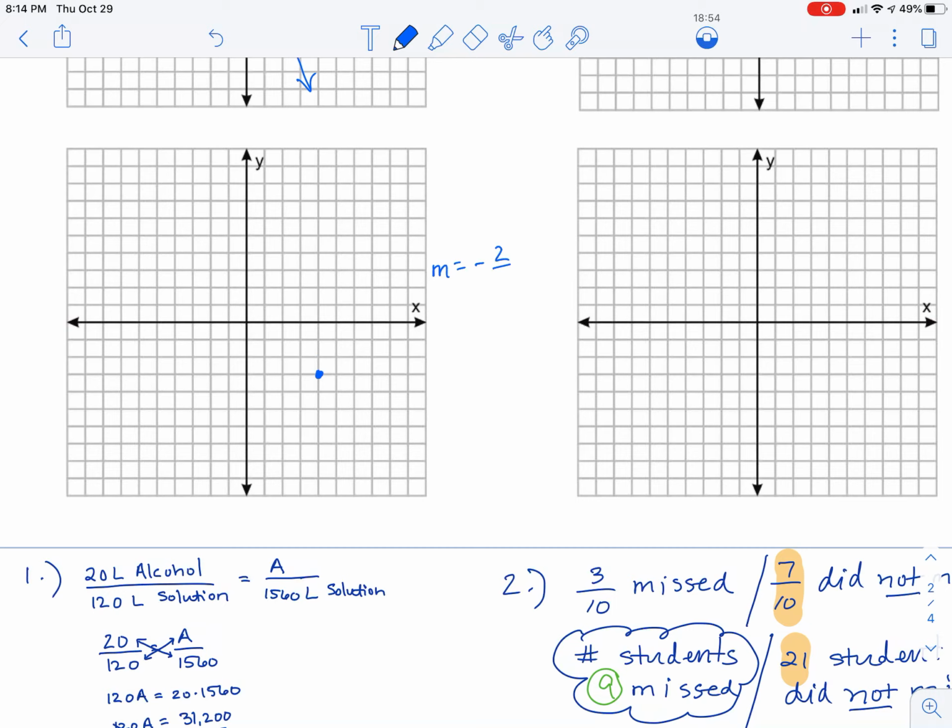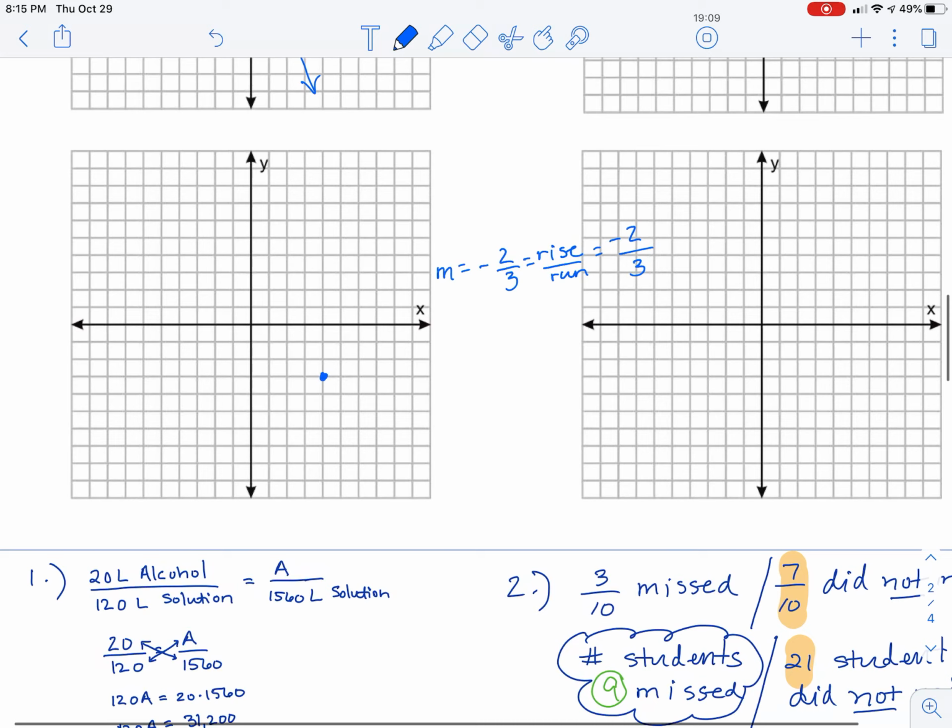So m equals -2/3. So that's rise over run. And remember, it doesn't matter on a negative fraction. It doesn't matter if you choose this as the -2 and this as the +3. It can be that, or it can be the 2 is positive and the 3 is negative. It doesn't matter because remember, either one of those ways makes the whole fraction negative. So you can choose which way you want to go.